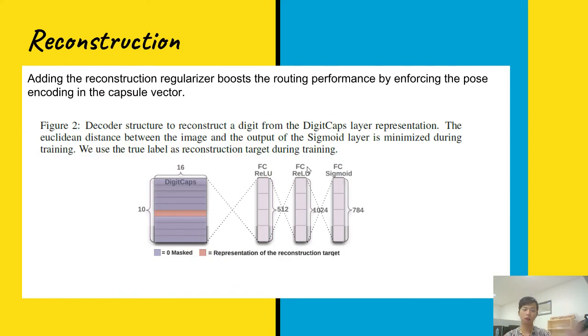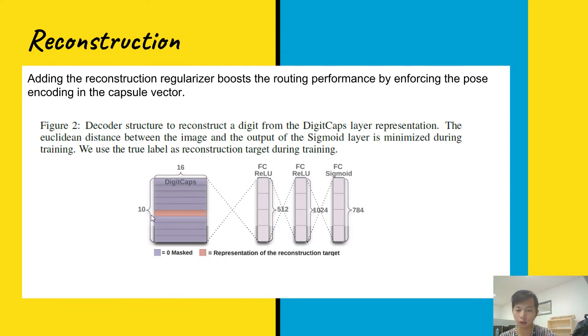After the classification part, they added a reconstruction part, because it can boost the routing performance by enforcing the pose encoding in the capsule vector.